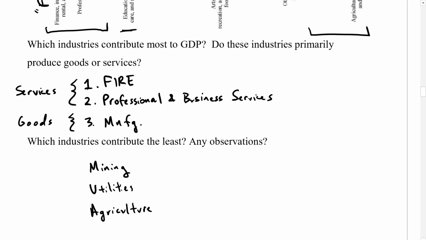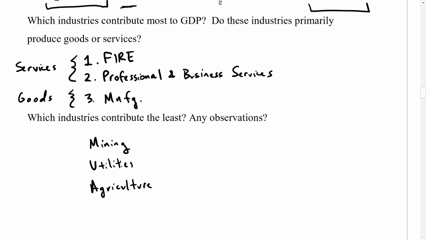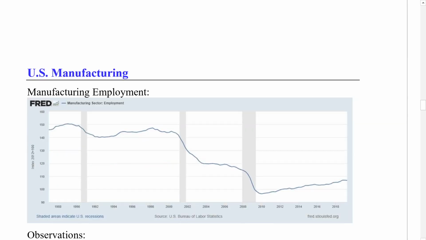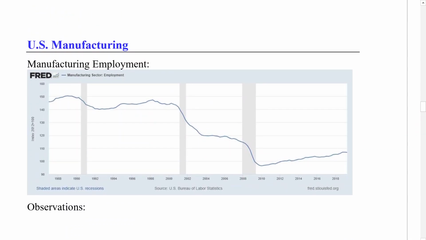Okay, so I do want to talk a little bit in particular about manufacturing. To do that, we're going to be looking at three graphs. This first one is jobs, manufacturing employment. Keep in mind these gray bars are the recessions, and as we would expect, we see declines during recessions.